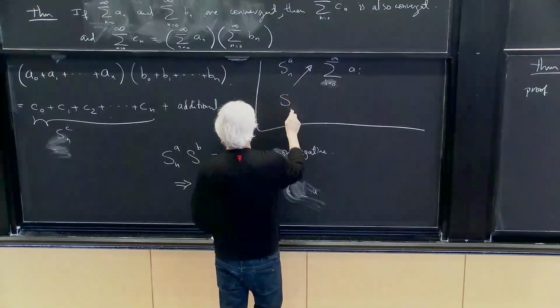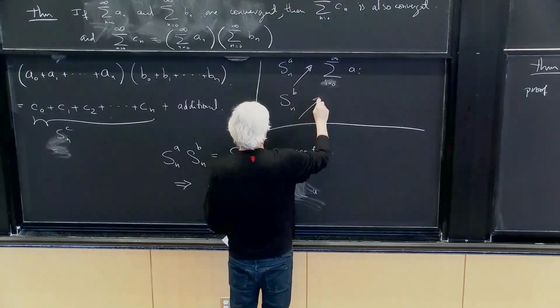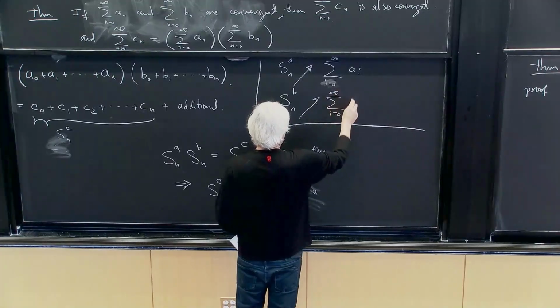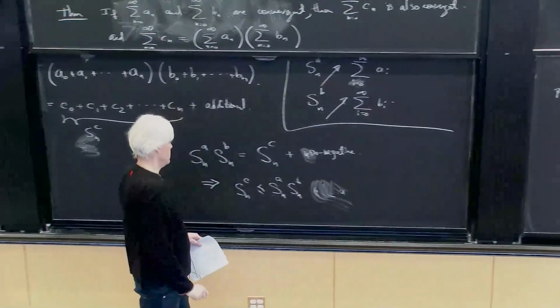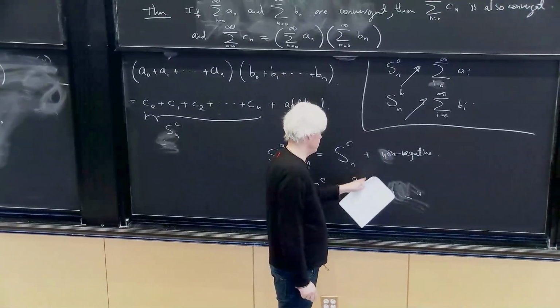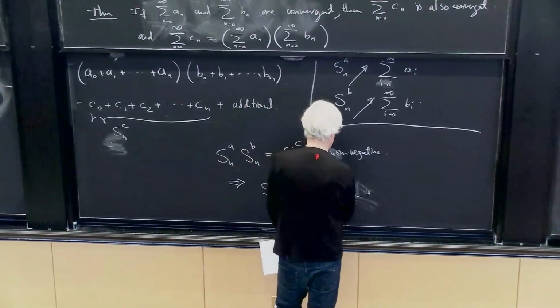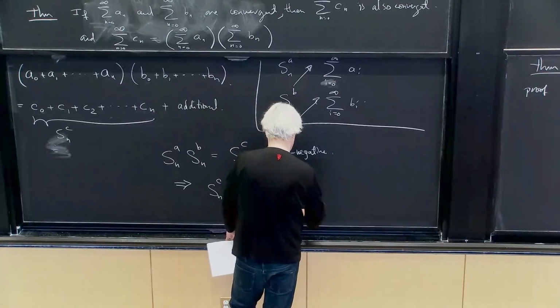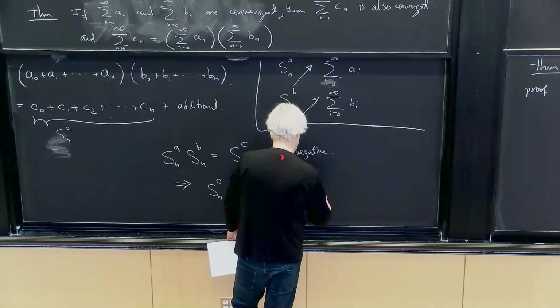Likewise, the SNBs were monotone increasing up to the limit. So this is smaller than the limit of that, and this thing here is less than or equal to the product of these guys.